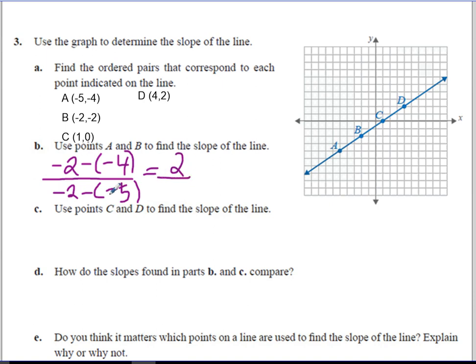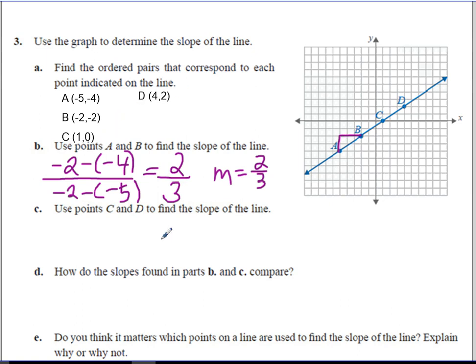And -2 minus -5 is the same as -2 plus 5, which is 3. So our slope is 2/3. So m equals 2/3. So it's telling us to go up 2 boxes and right 3 boxes. So watch. Up 2, right 1, 2, 3. We'll land us at point B.